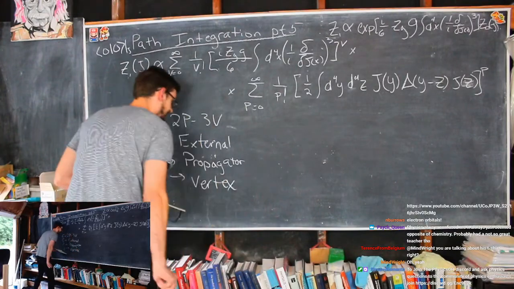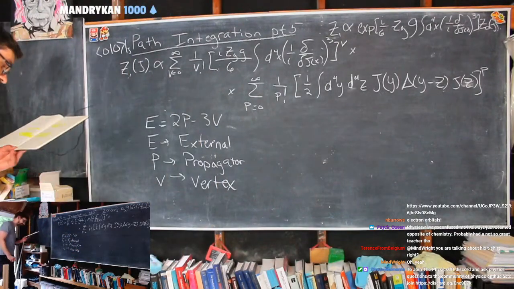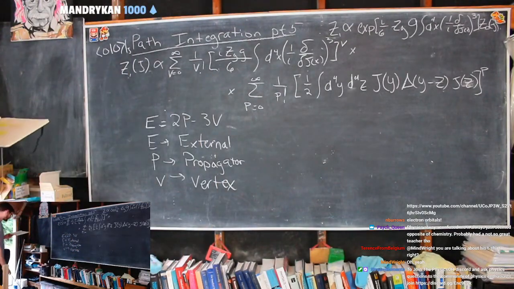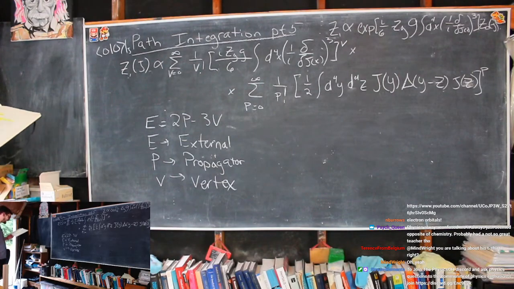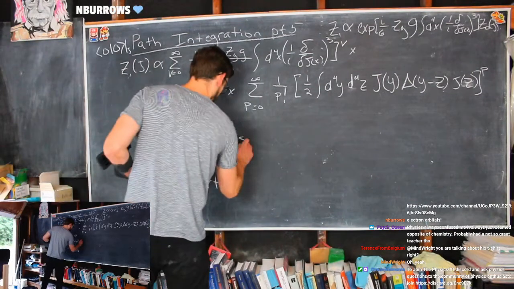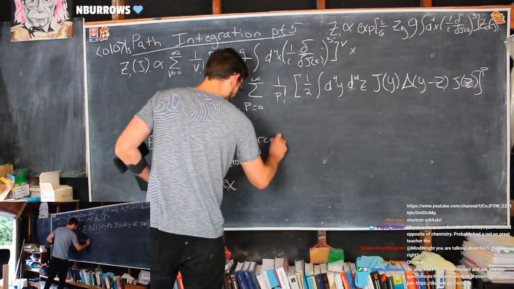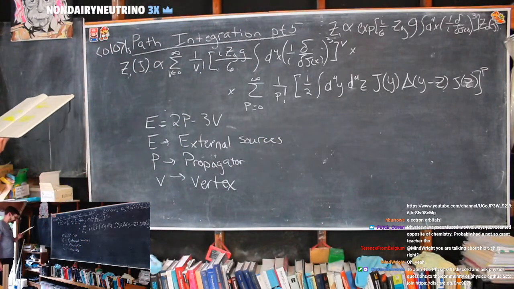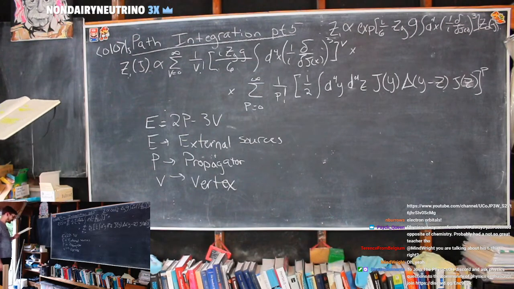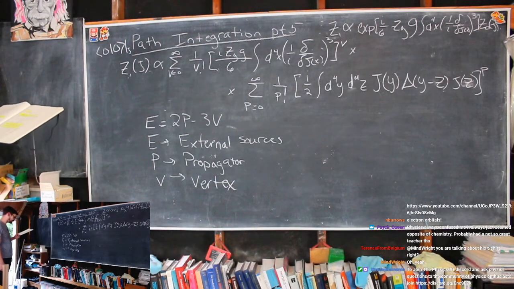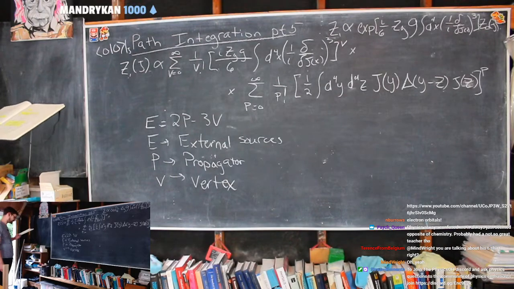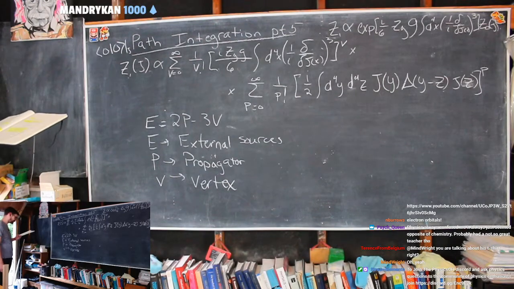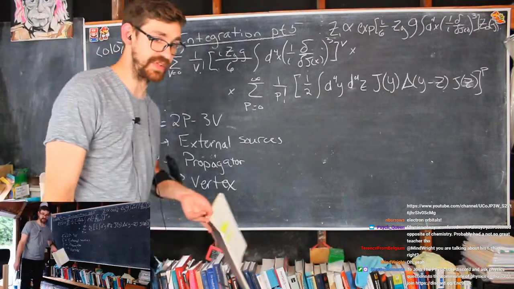These are the necessary components for making a Feynman diagram: the propagators, the external lines, or external sources, and the vertex. Now, as you may have guessed, diagrams can be constructed in the same way, and we'll end up overcounting some diagrams.